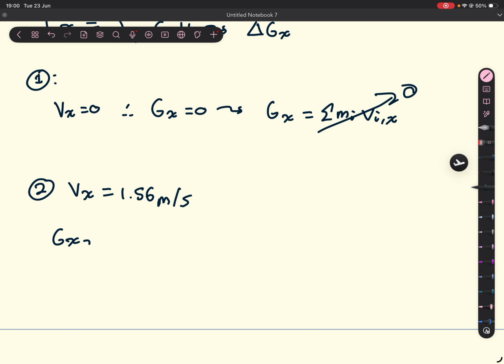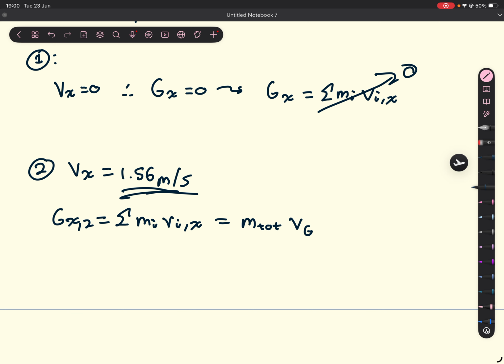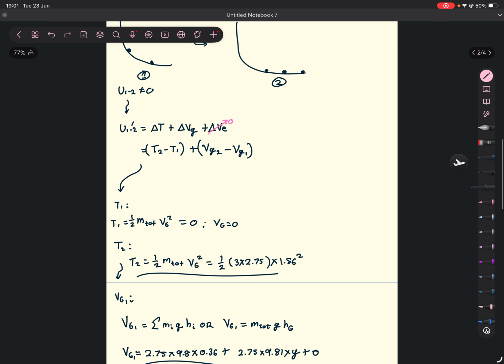And since everything is moving with the same velocity, Vg will be equal to 1.56. So this will be equal to 3 times 2.75, I think it is, times 1.56. Okay, hope that makes sense.